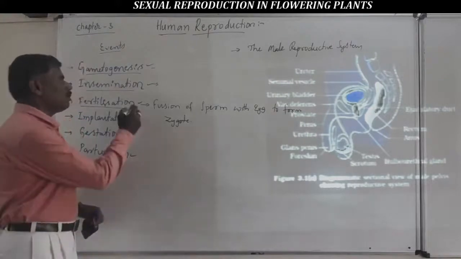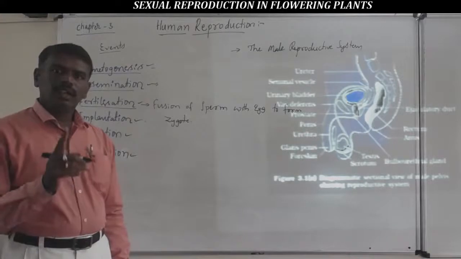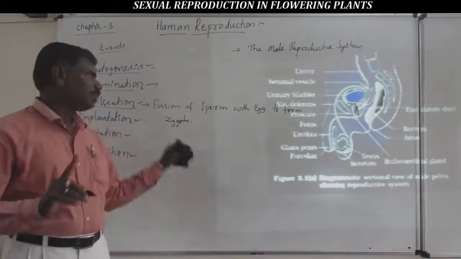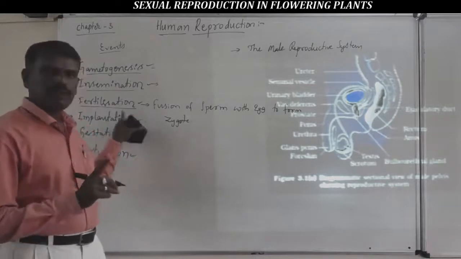Such a phenomenon is what we call fertilization. After fertilization, there is formation of diploid zygote. The zygote is the product of this fertilization.